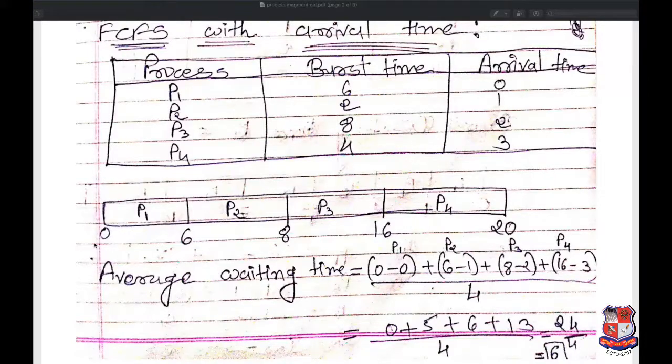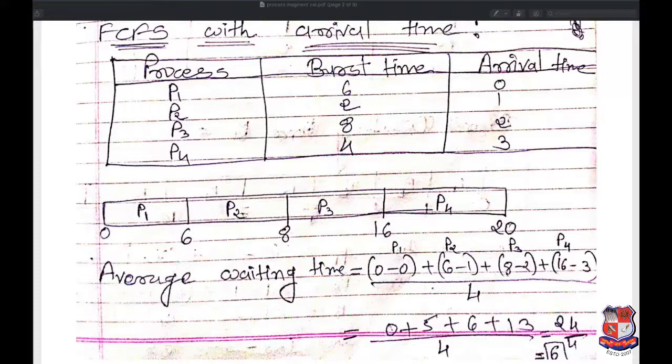So starting value is 0, so 0 minus arrival time of P1, which is already given in the table, equal to 0. So 0 minus 0, plus for P2, starting value of P2 is equal to 6, 6 minus arrival time of P2, which is 1. So 6 minus 1, plus 8, the starting value of P3.